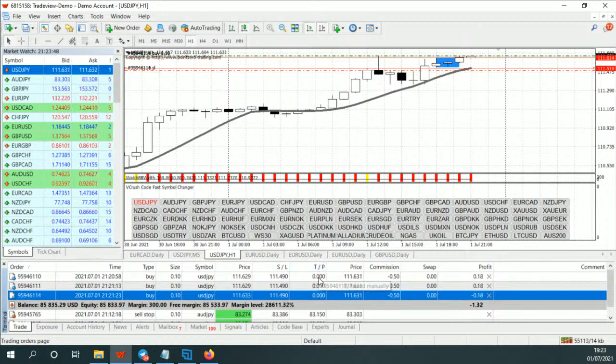The first one is going to have 13 pips as the take profit target, because that is the size of our stop loss. Trade 2, we have 26 as a take profit target, because that's stop loss multiplied by 2. Trade 3, we have 39 pips profit target, because that is stop loss multiplied by 3.